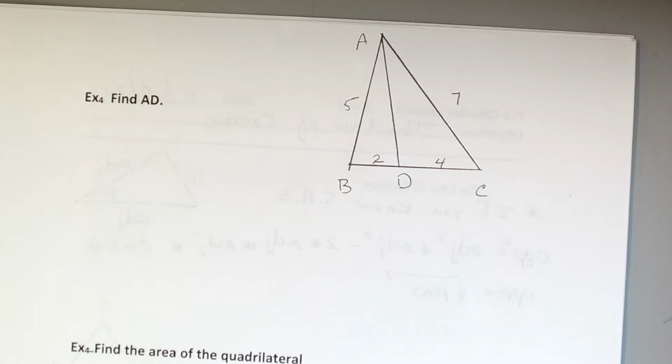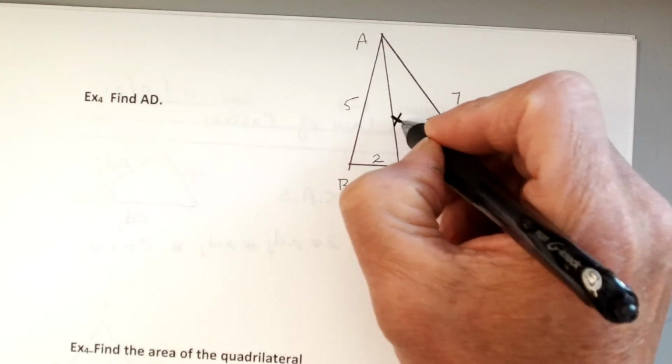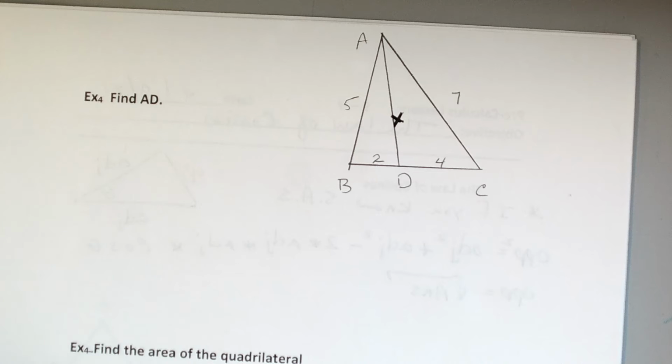Okay, I got a triangle within a triangle, huh? I want to find AD. All right. I want to find AD, which is right here. Just call that X right now. So here's how I think I'm going to tackle it.